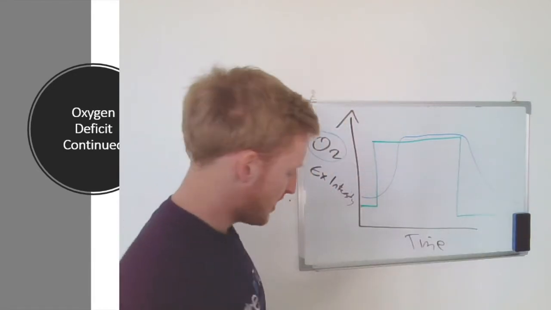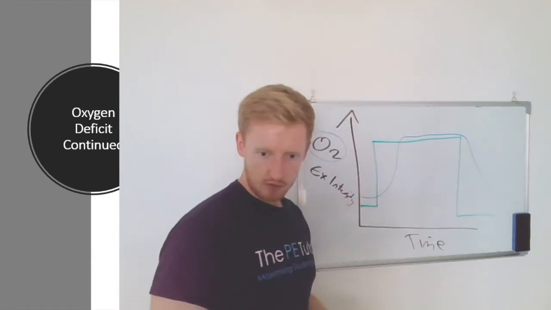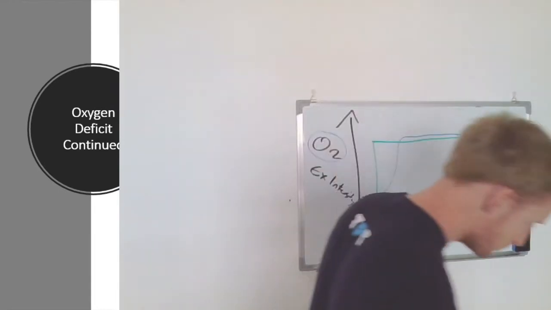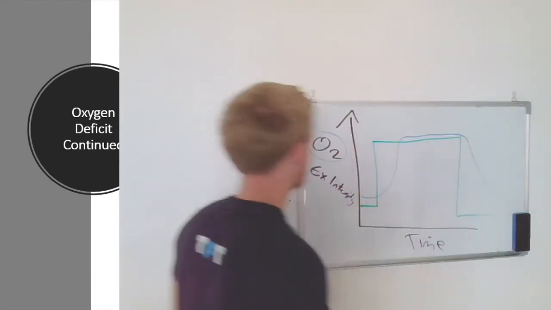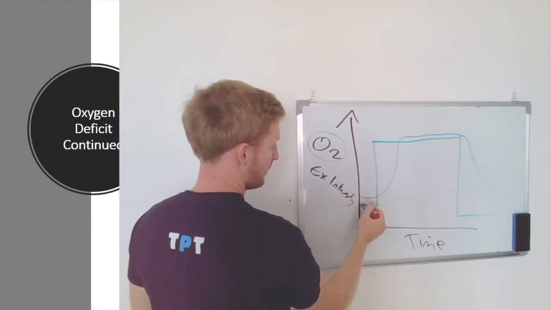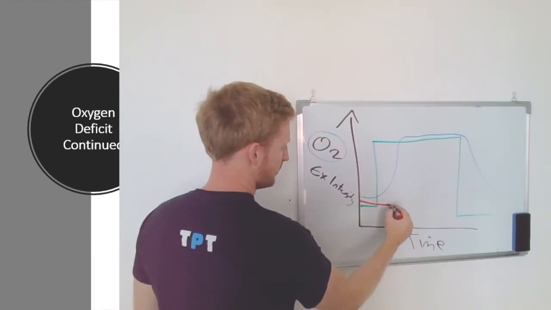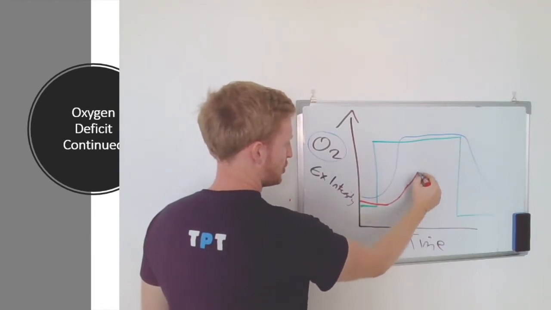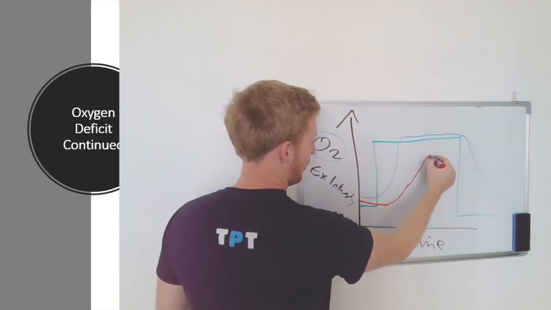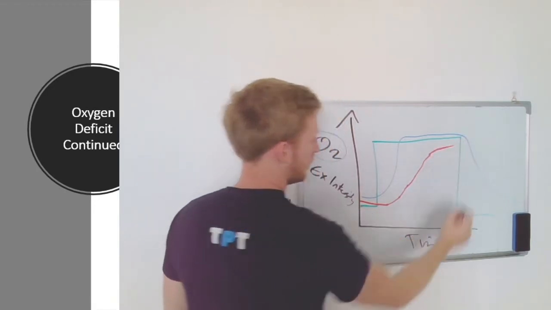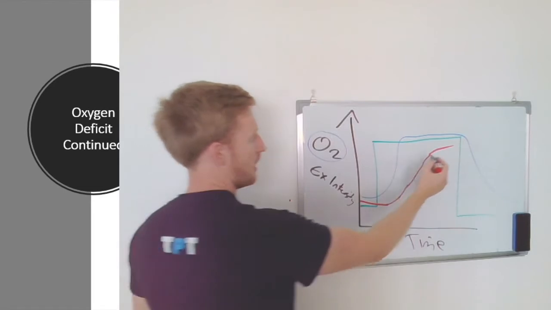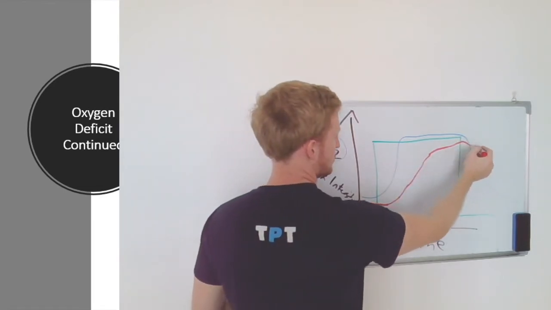An untrained performer, there it is. For an untrained performer, they might take longer to respond in the first place, they're going to have a shallower curve, and they might not actually be able to meet the demands by the time exercise finishes.